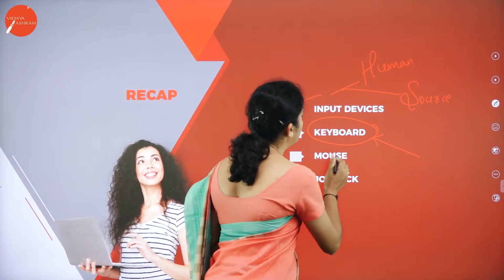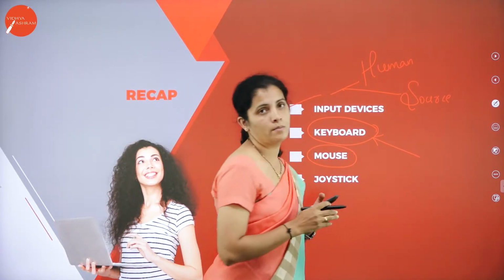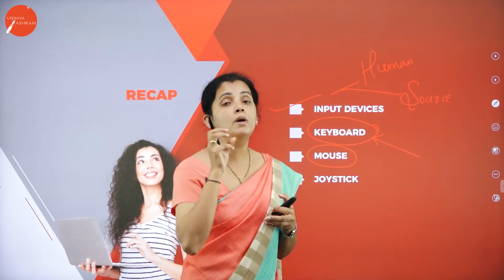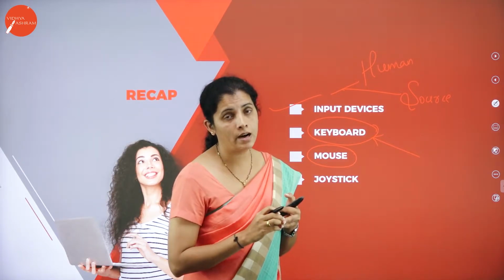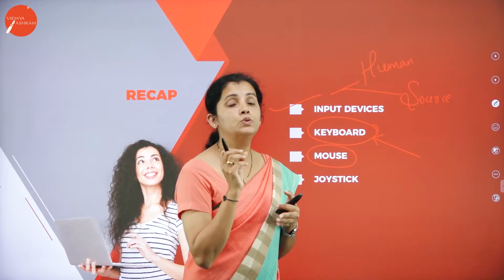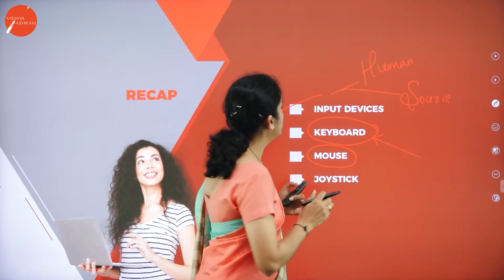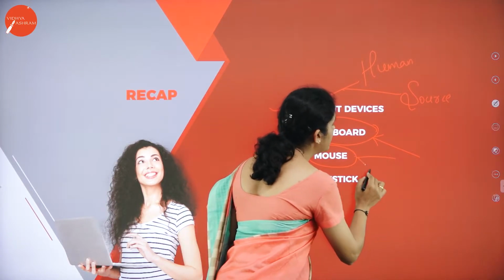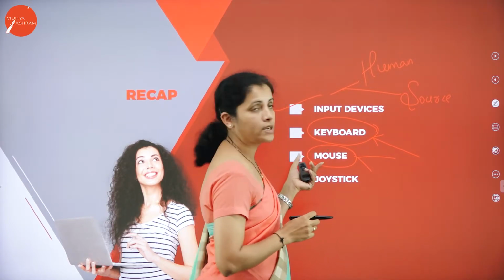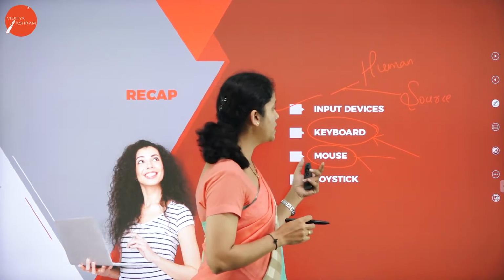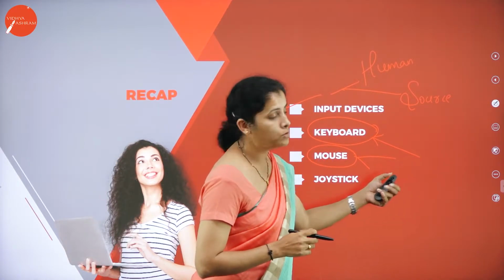Along with that, we had a discussion regarding mouse. So here mouse is the pointing device that is mainly used to point the position on the screen. Then we had a discussion regarding the types of mouse, that is nothing but the mechanical mouse as well as the optical mouse.